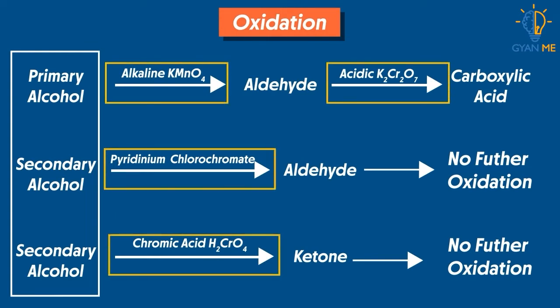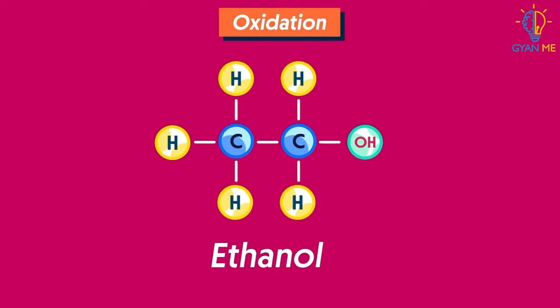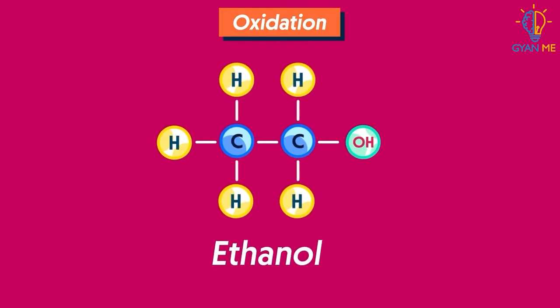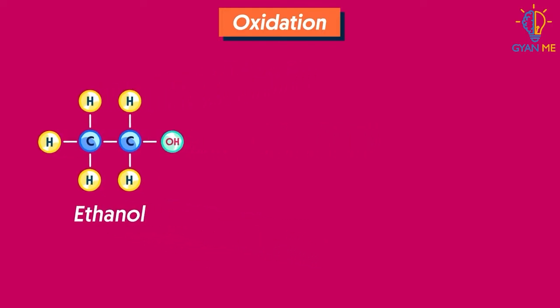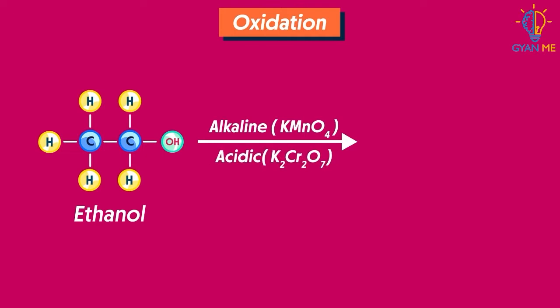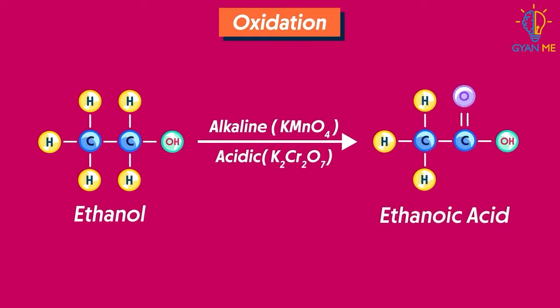Let us understand this by seeing various chemical reactions. Consider one of the simplest alcohols, ethanol. When ethanol is reacted with alkaline potassium permanganate or KMnO4, or acidic potassium dichromate, that is K2Cr2O7, it gets oxidized and forms ethanoic acid.